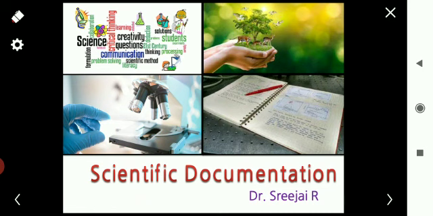Then coming to characteristics of a report. There are different characteristics. It has a specific length, that is one characteristic. Another one, it has a specific style, specific format, and sources. These are the main characteristics of a technical or research report.